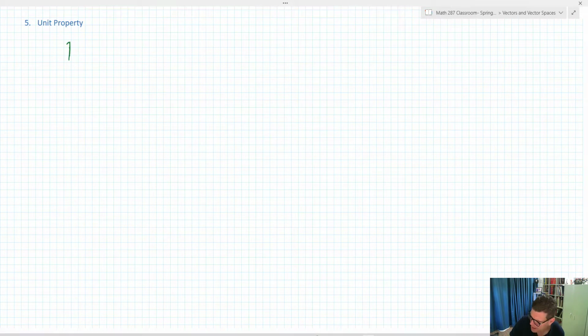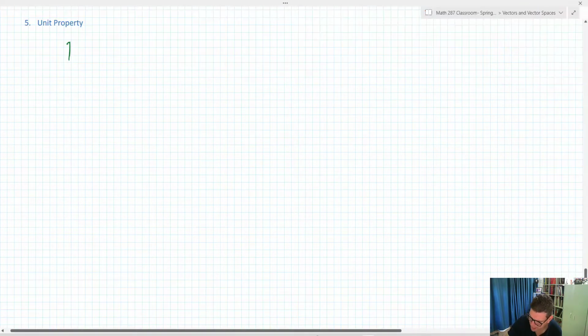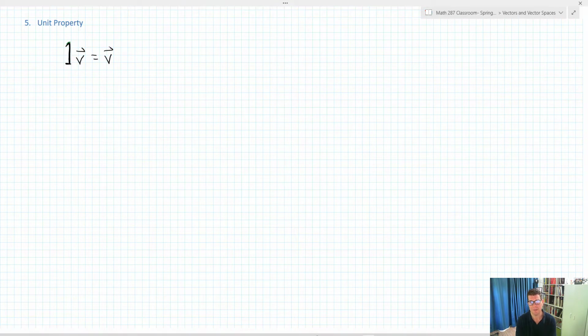And so the unit property is basically just this. We're going to do this in black. It's going to end up being 1 times v equals v. It seems really obvious, but when you're being mathy, people do things like this. They're like, yeah, 1 times the vector is itself. That's kind of important.